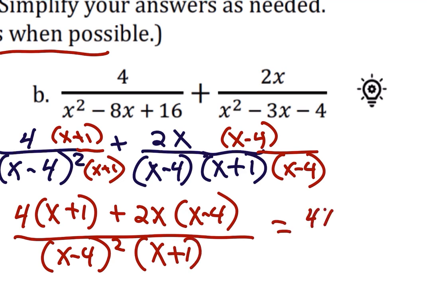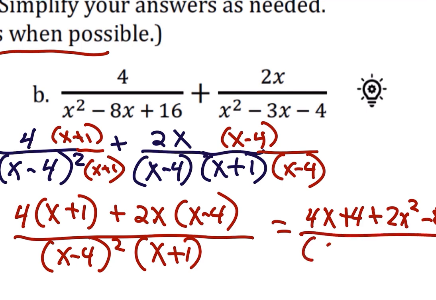So now let's distribute. We have 4x plus 4 plus 2x squared minus 8x, and that is all still over our common denominator of x minus 4, the quantity squared, times x plus 1.